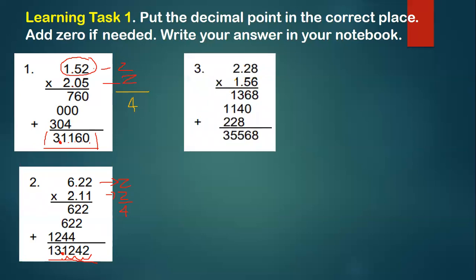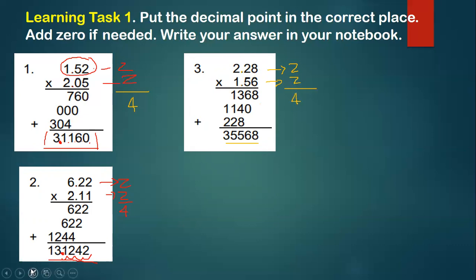Number 3. Okay. Number 3, ginawa na uli. Andito na ang product. Ngayon, bibilangin lang natin kung ilang decimal places meron ng ating factor. Sa first factor natin na 2.28, nandito ang decimal point. Okay? Meron siyang 1, 2 numbers. Dalawa. Dito ang decimal point sa pangalawang factor. Meron 1, 2 number. Meron uli yang 2. So, ang total ng decimal places sa factors natin ay 4.